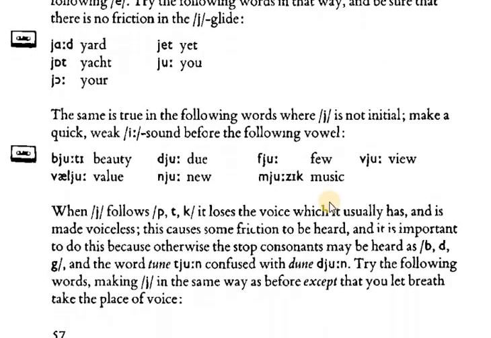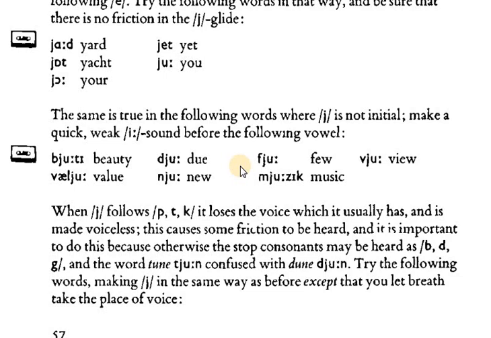Now the same is true in the following verse where Y is not initial. While in the words yad, yot, yo, yet, and you Y is initial, now we will look at other words in which ye is not initial, it is medial, and it is important that we make a quick weak E sound before the following vowel.